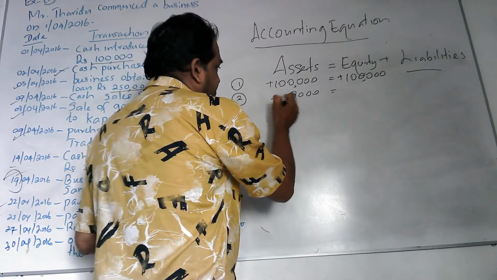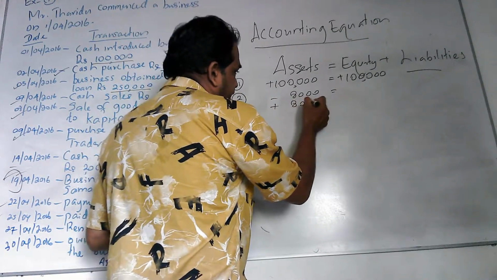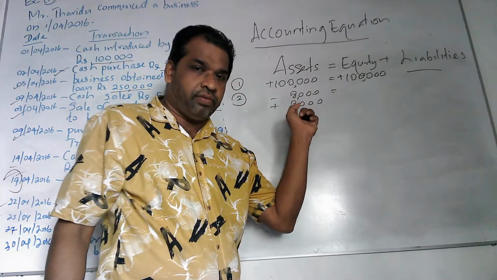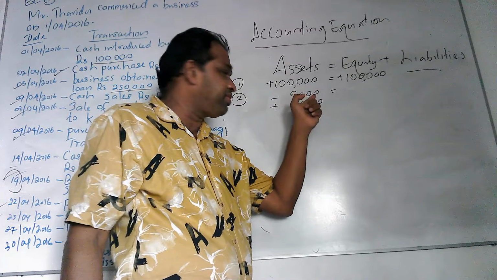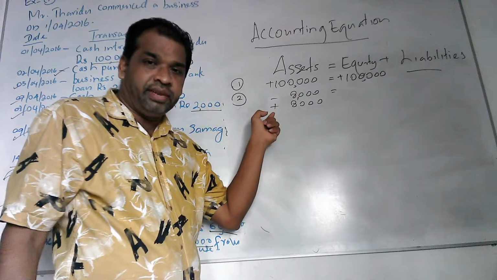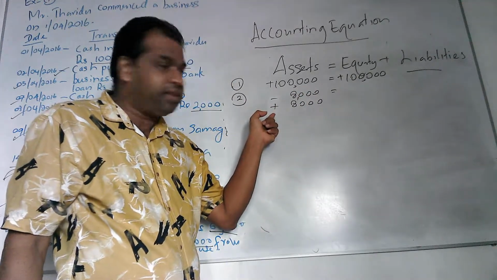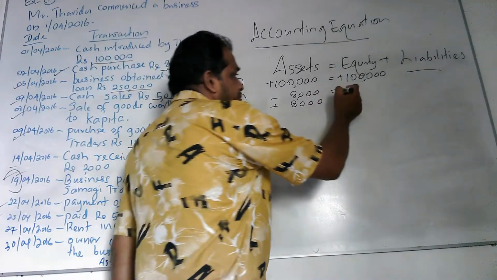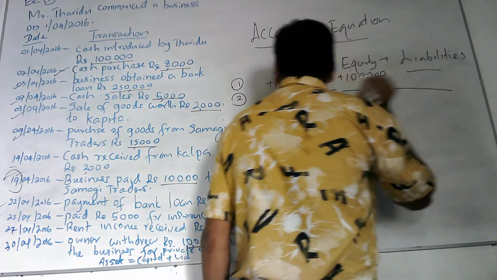That is inventory. Earlier, cash went out, minus 8,000. As inventory or goods come in, therefore plus 8,000. Nothing will happen on this side.